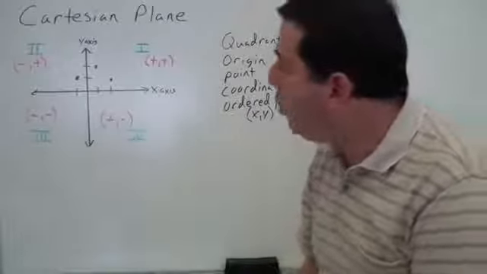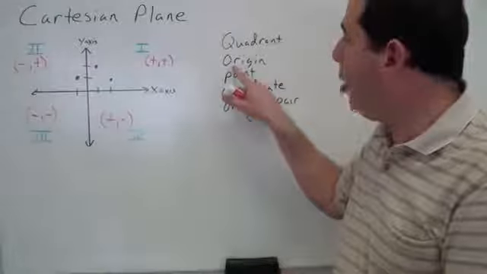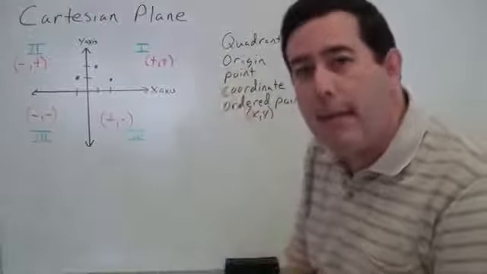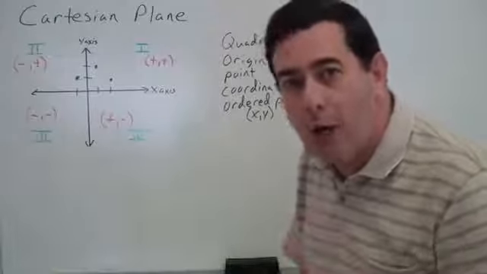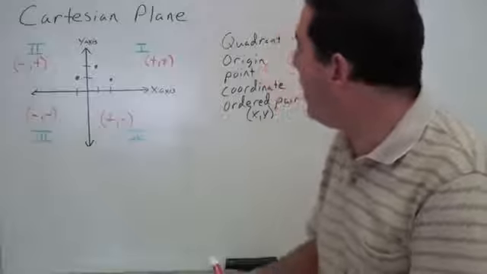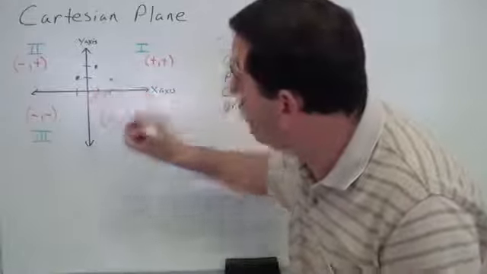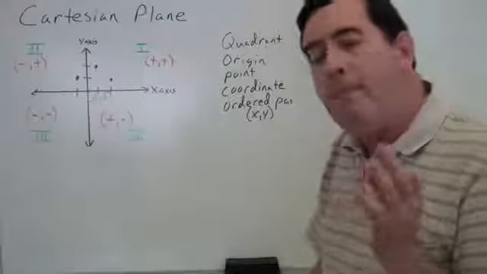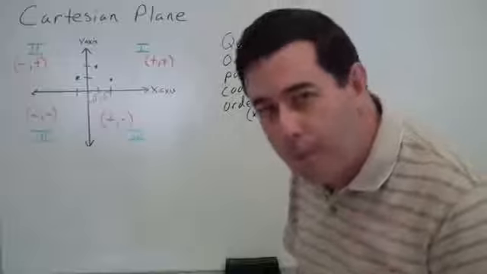Now, the spot where the two number lines are overlapping each other is called the origin, the beginning place. It is the zero spot for each of our number lines. So the coordinates for the origin would be 0, 0. We begin at the origin counting to find other points.